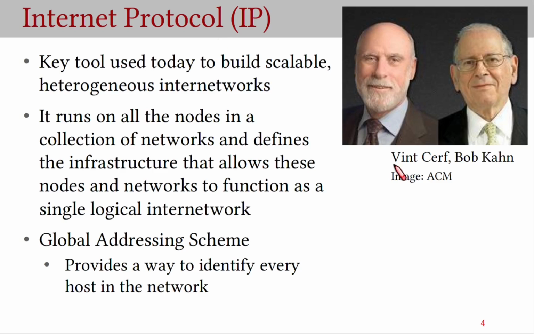This was designed and developed by Vint Cerf and Bob Kahn, and they were awarded the Turing Award, which is the highest award in computer science, for their work on TCP and IP.